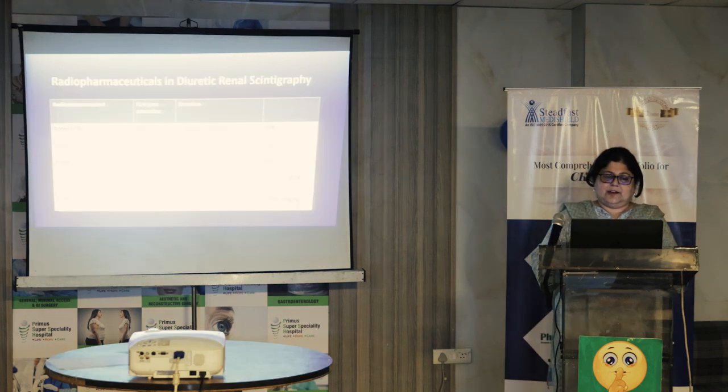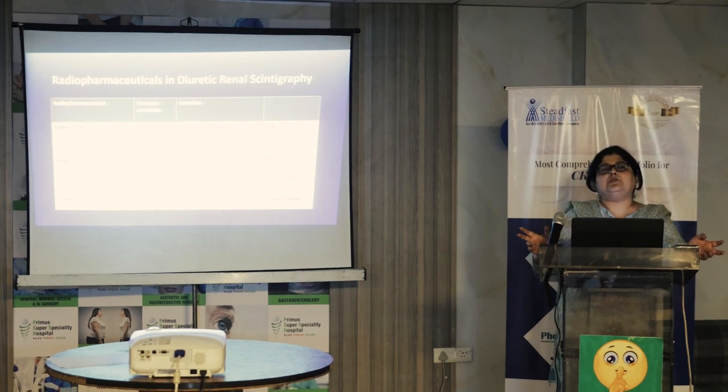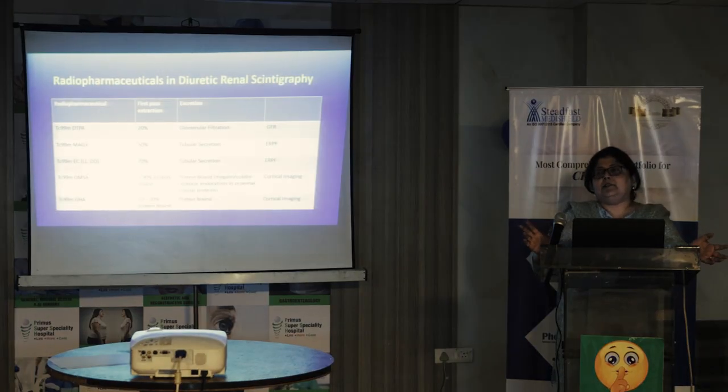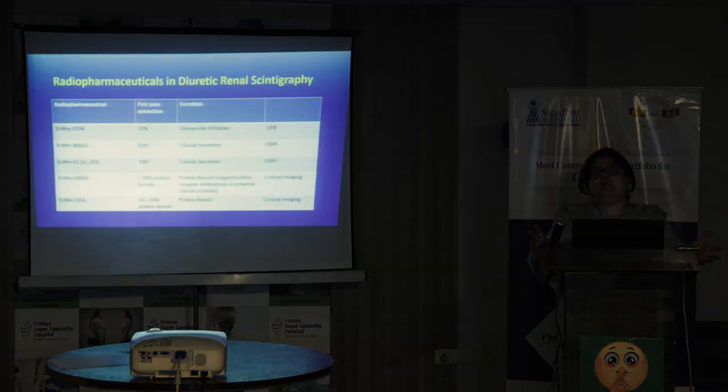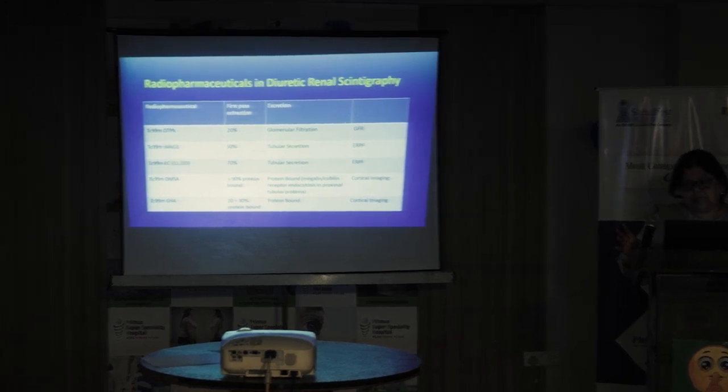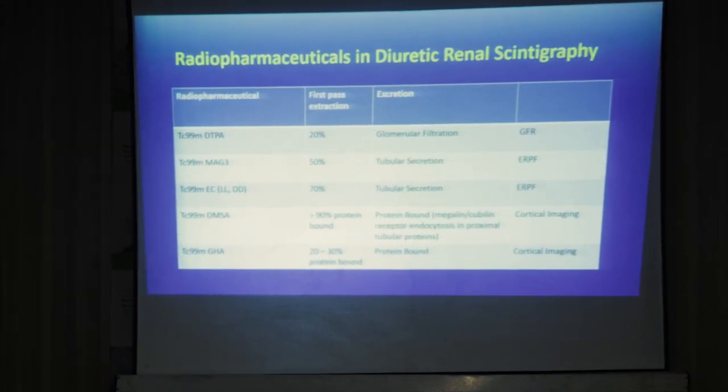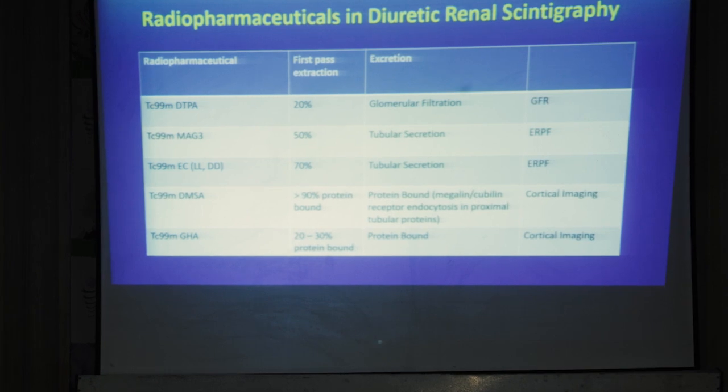So when we talk about the most common investigation in nuclear medicine, which you will be writing in your practice or which you will probably be questioned on in your exam, that is renal scintigraphy. Renal scintigraphy is a technique by which we look at the function of the kidneys, and often we give a diuretic in the middle of the study.